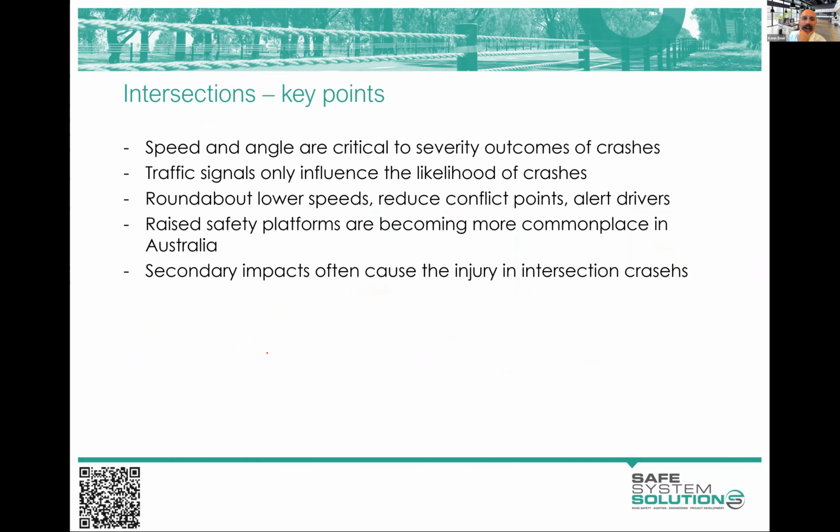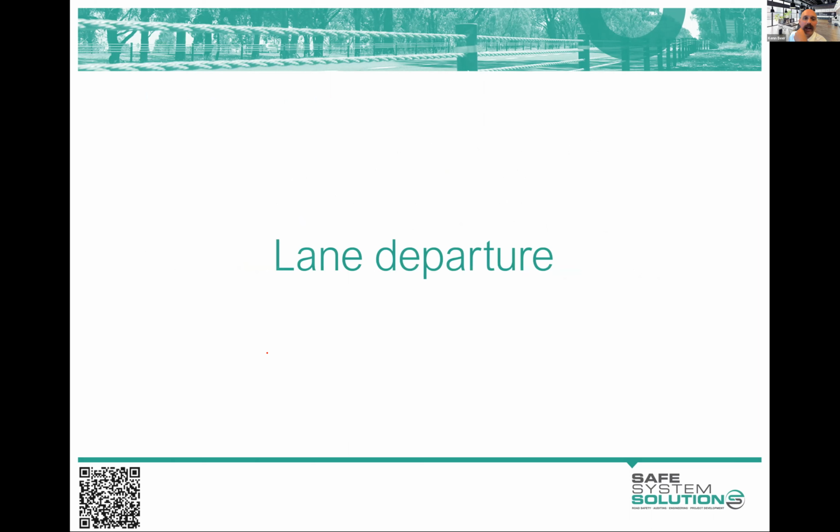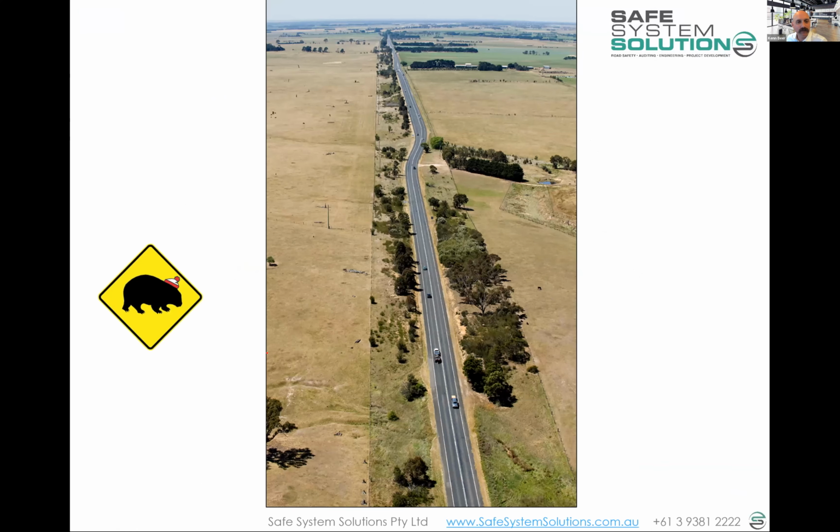I've got some key dot points out of that in your notes if you just needed a summary. Let me briefly talk about lane departure crashes, and then I'm going to introduce you to your exercise. So here we go. We've got a big long road, basically one lane in each direction for about 300 kilometres. It's fairly straight throughout, with occasional little kinks and turns.